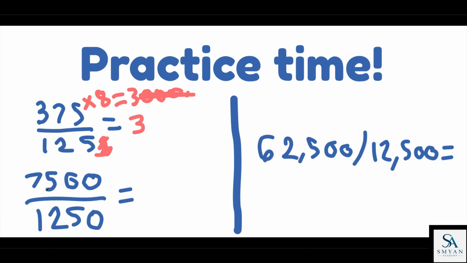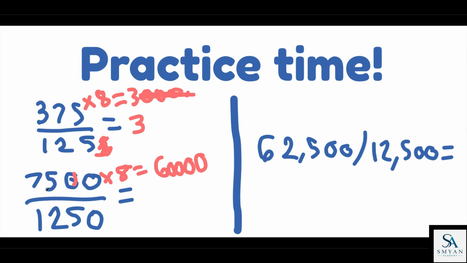Moving on. 7,500 divided by 1,250. The trick for this is the same thing: multiply this by 8 and that will give us 0, 0, 4, 0, 0, and one more 0, and that will give us 60,000.